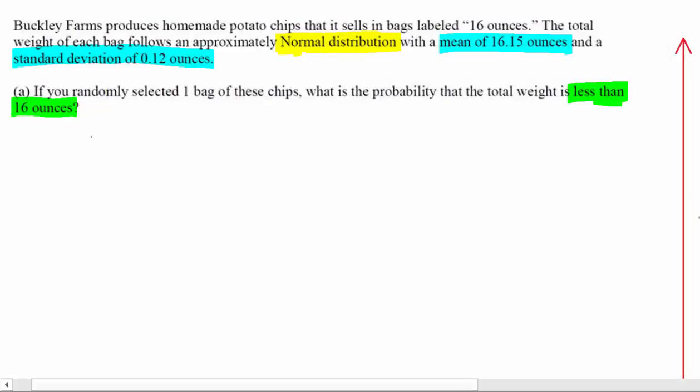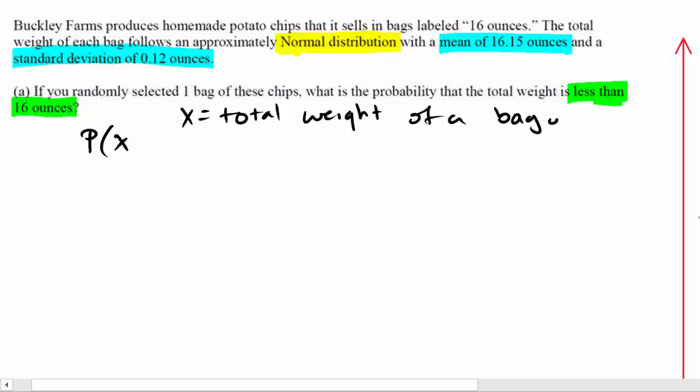So we're looking for the probability of x, allowing x to be the total weight of a bag of chips. It's important to label. So we want x to be less than 16.